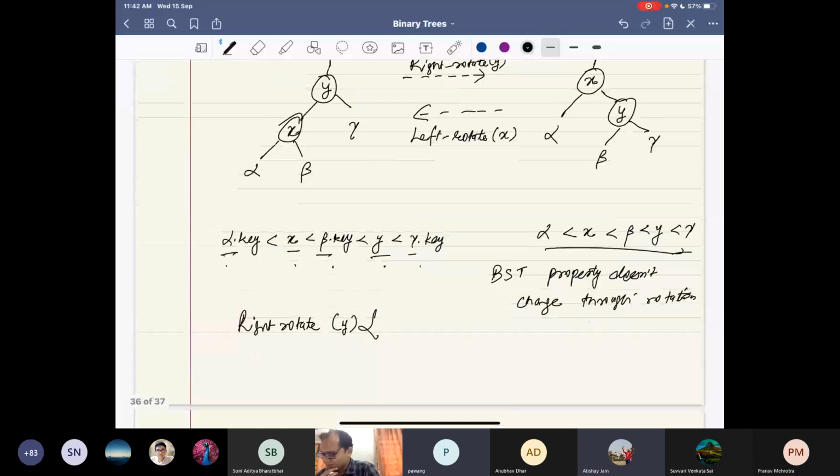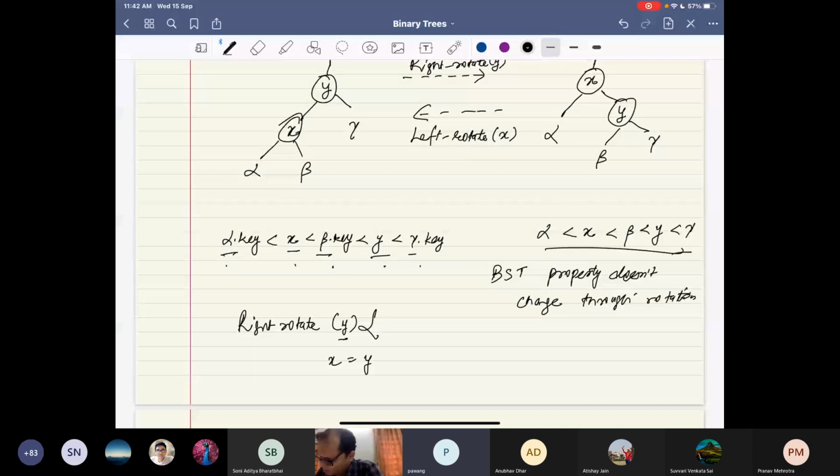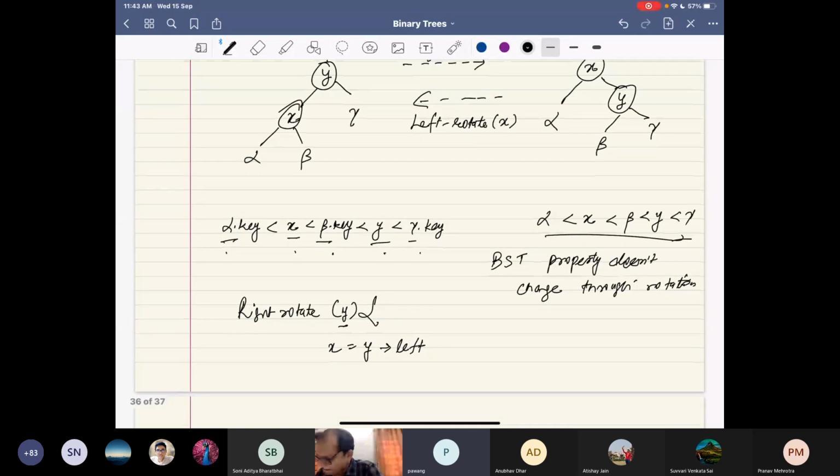Left of y equal to beta and right of x equal to y. But you don't have beta, you are only given y. So first you have to get what is x. So x is y's left. And beta is x's right.